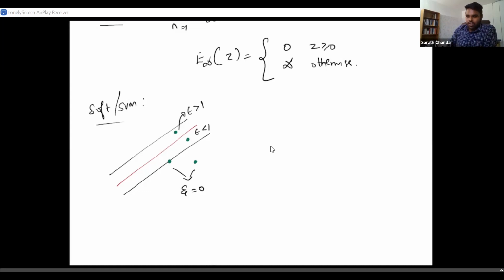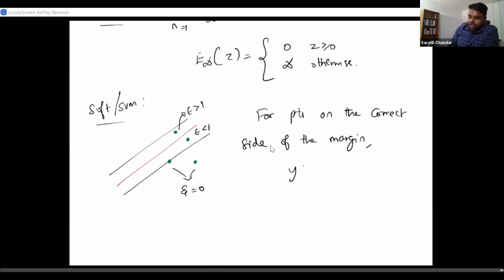Now for points on the correct side of the margin, y of n, t of n should be greater than or equal to 1, right? So then we have epsilon equal to 0.